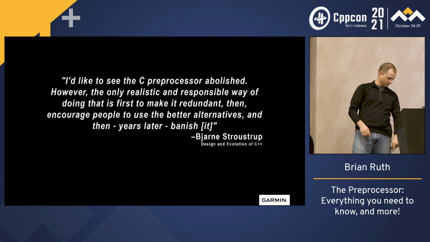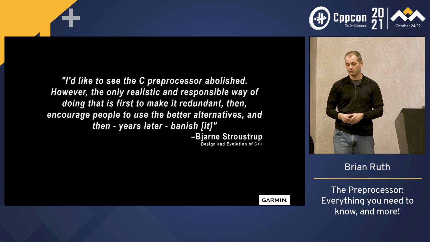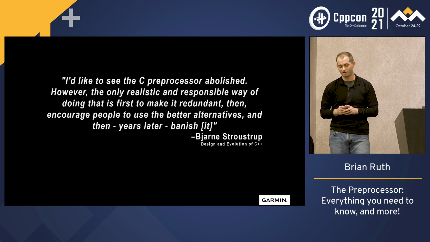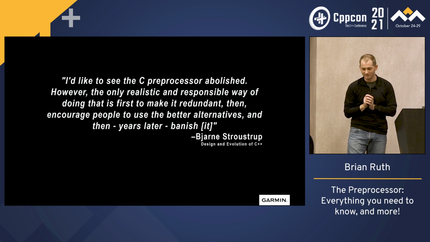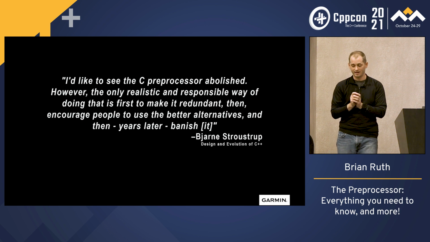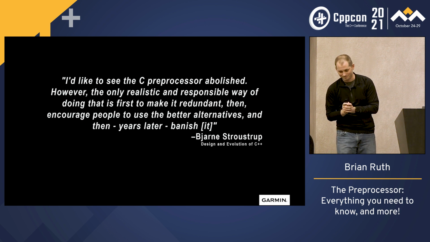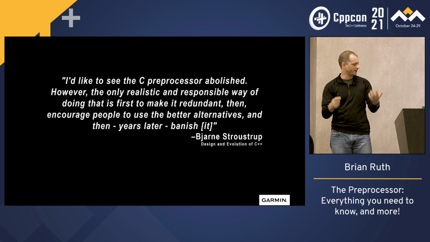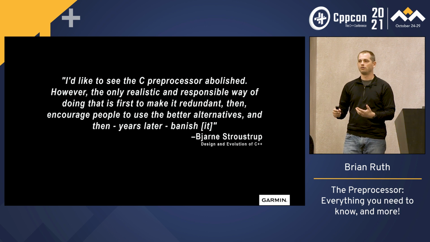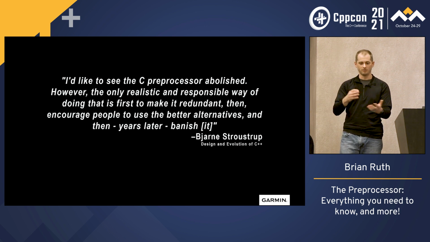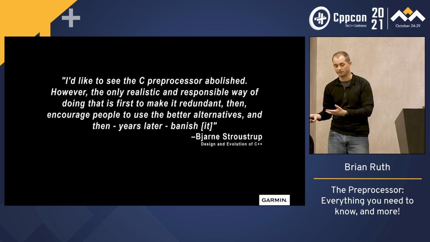The quote I would like to leave you with is: I'd like to see the C preprocessor abolished. However, the only realistic and responsible way of doing that is to first make it redundant, then encourage people to use better alternatives, and then years later, banish it. So as you can see, there's a lot of progress that we've made and things that we can do to have better, more type-safe, more stable ways to generate and manipulate code instead of using the preprocessor.